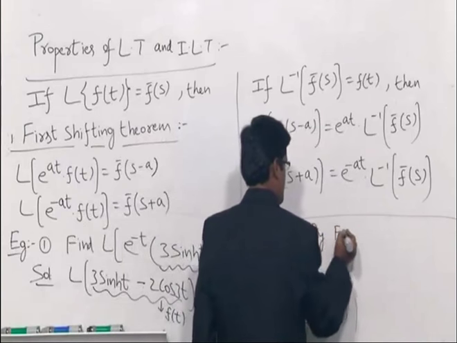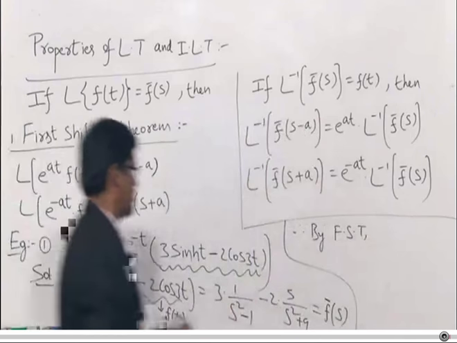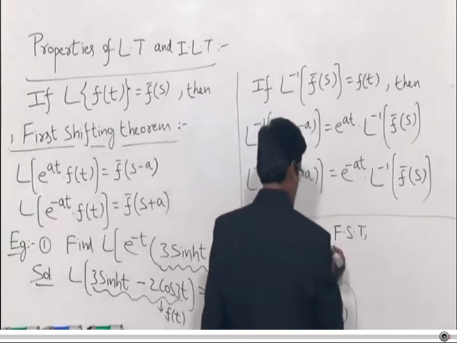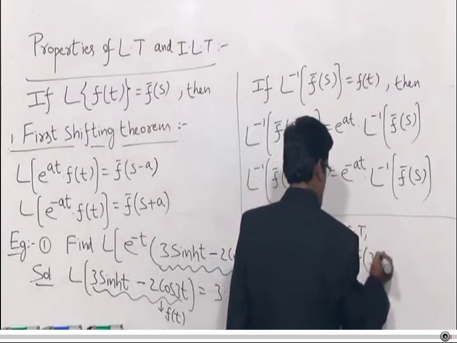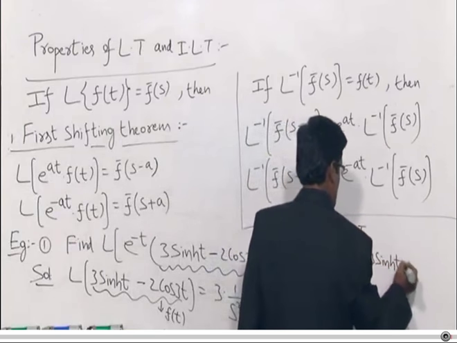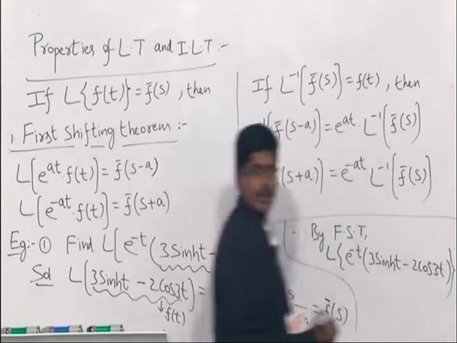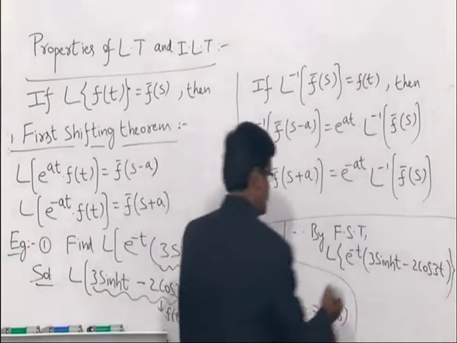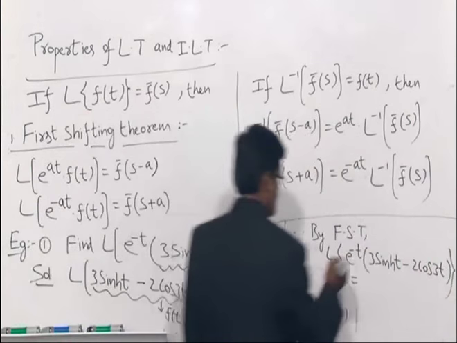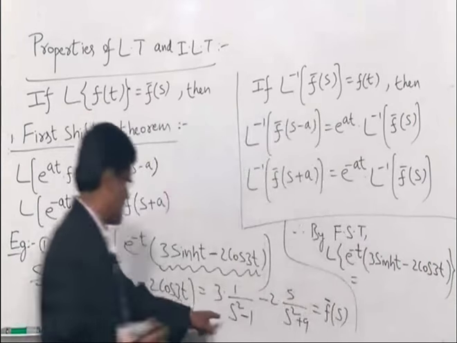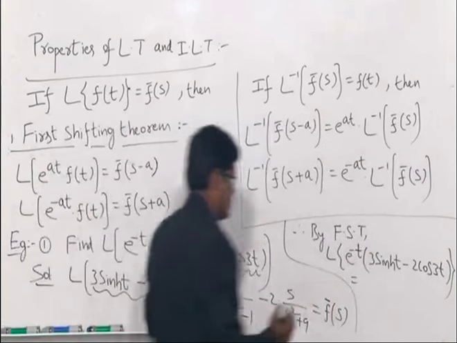Therefore, by the first shifting theorem, FST, L of e power minus t into 3 sinh t minus 2 cos 3t is equal to, in this f bar s, since e power minus at is multiplying with a equal to 1, s is replaced by s plus 1.